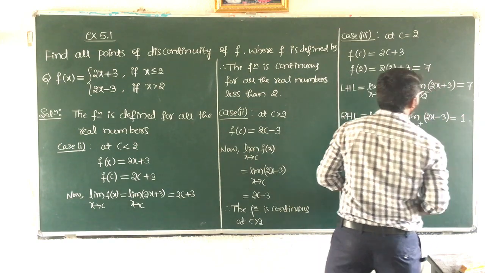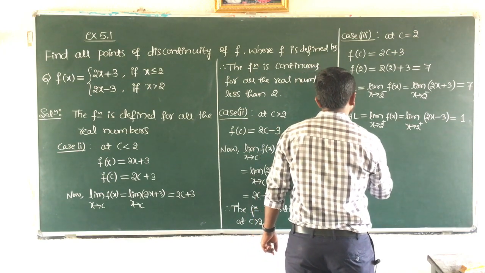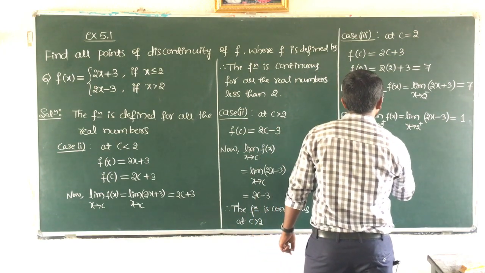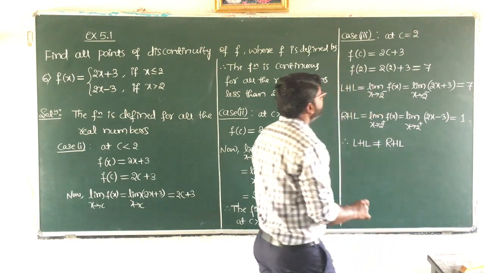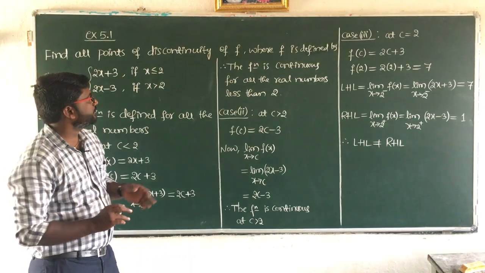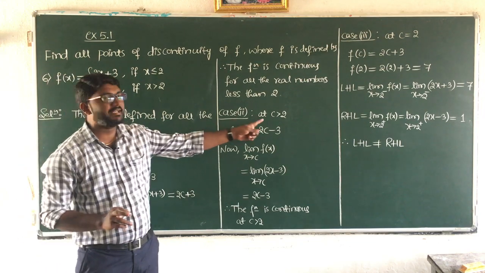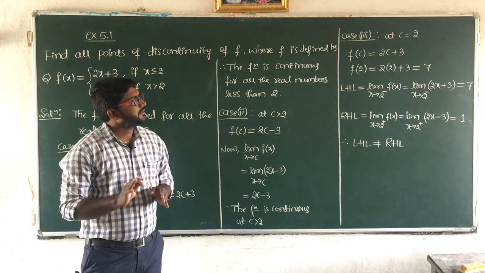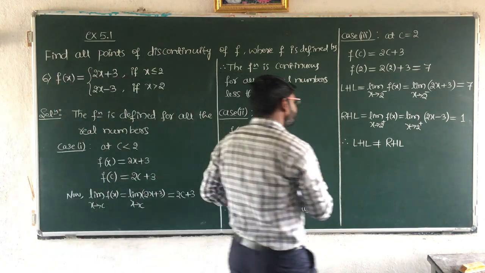So here LHL is not equal to RHL. So the function is not continuous at c equal to 2, or x equal to 2, but it is continuous for c less than 2 and c greater than 2. Therefore x equal to 2 is the only point of discontinuity.